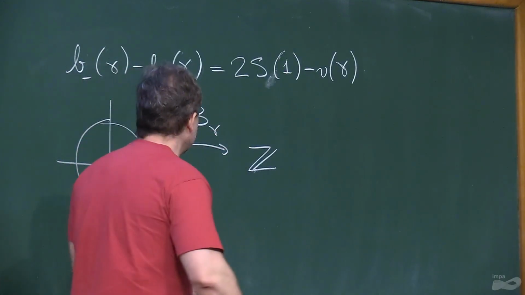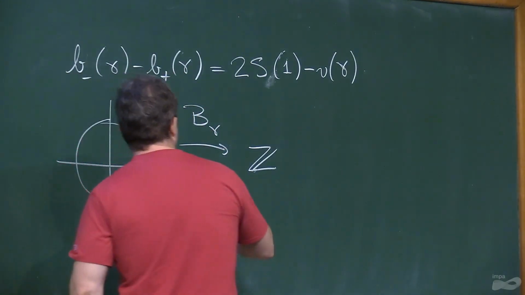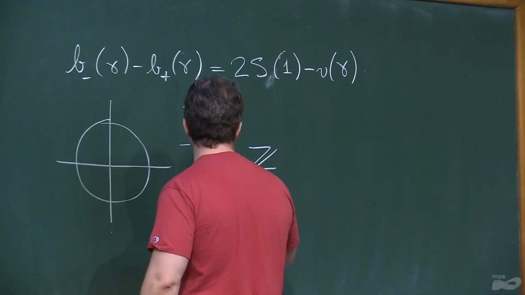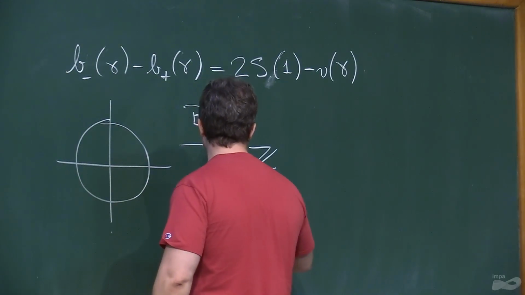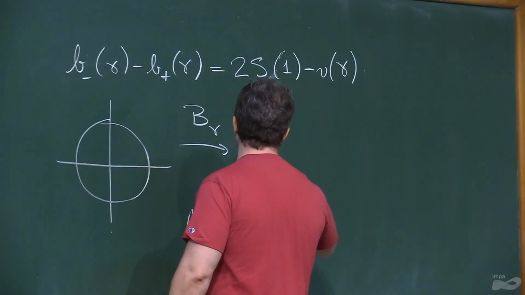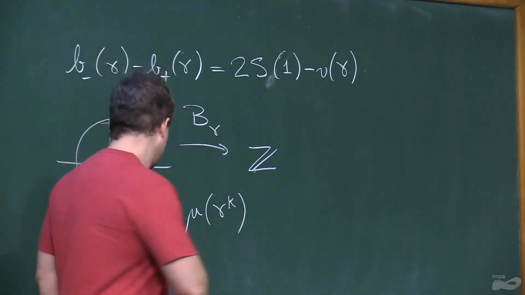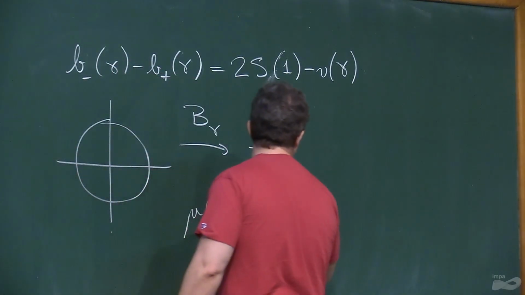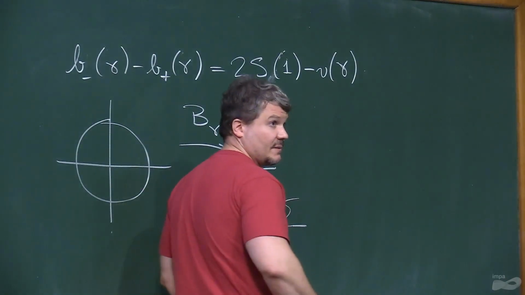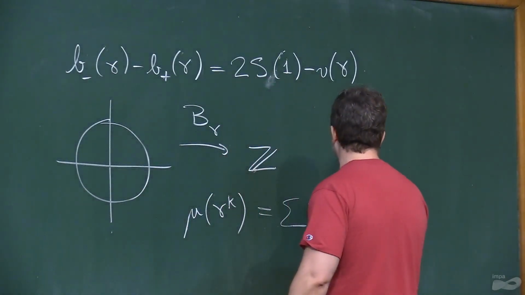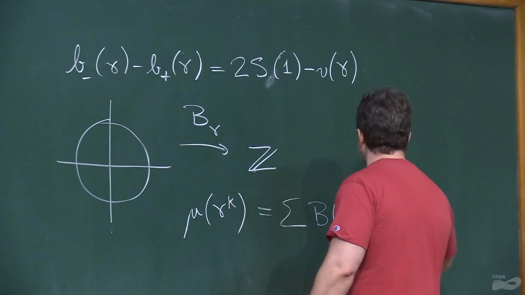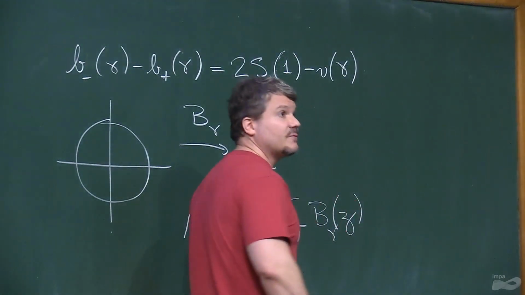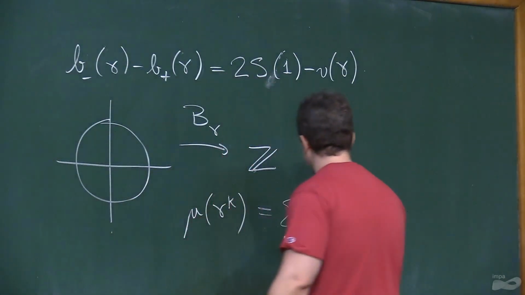For instance, there is Bott's formula, which tells you that the index of the kth iterate of gamma is equal to the sum of Bott's function at the kth roots of unity of the circle.